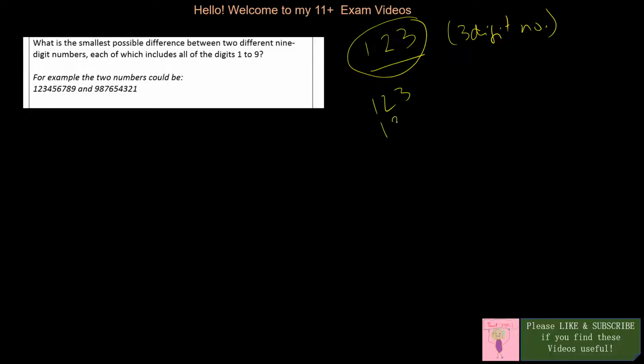Say 1 2 3, these are the 3 digits, and you cannot repeat the numbers. So 1 3 2 minus 1 2 3. What's the difference here? It's 9.